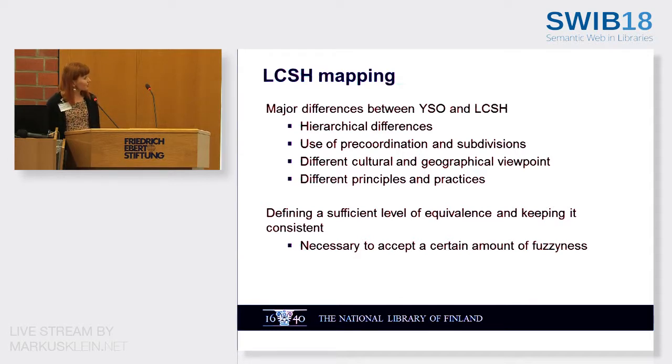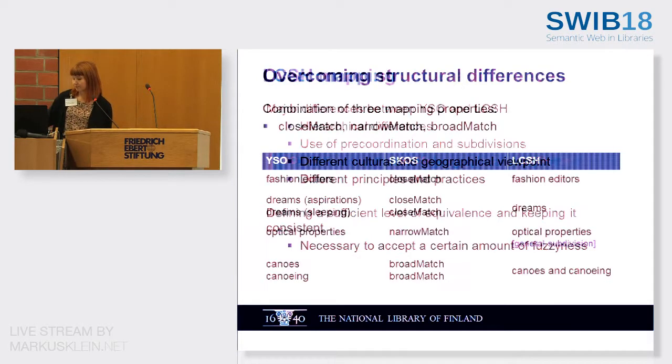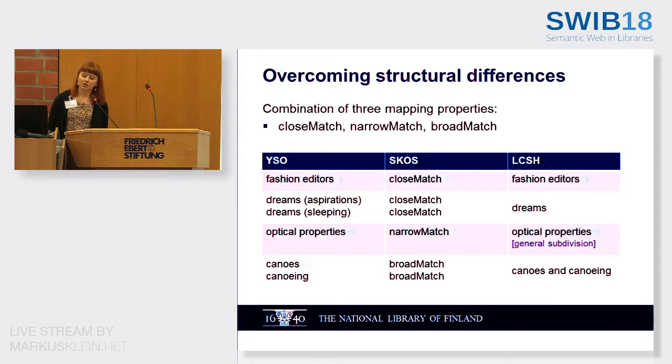So the struggle is to try to define a sufficient level of equivalence and then just keep it as consistent as possible. And there is a necessity to accept a certain amount of fuzziness as the meanings, as said before, are often not completely symmetrical across languages. So in order to try to overcome some of the structural differences, we've decided to use a combination of 3 different SKOS properties.